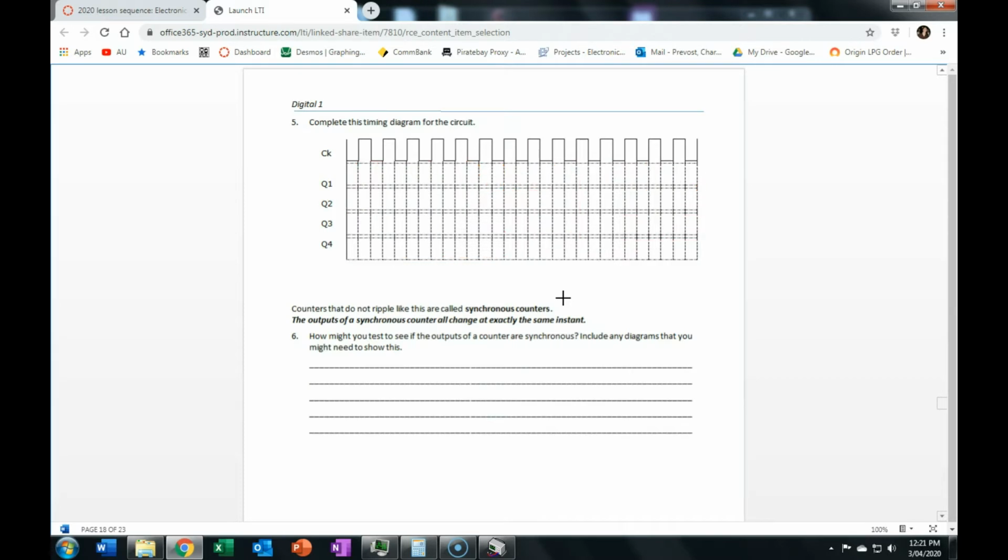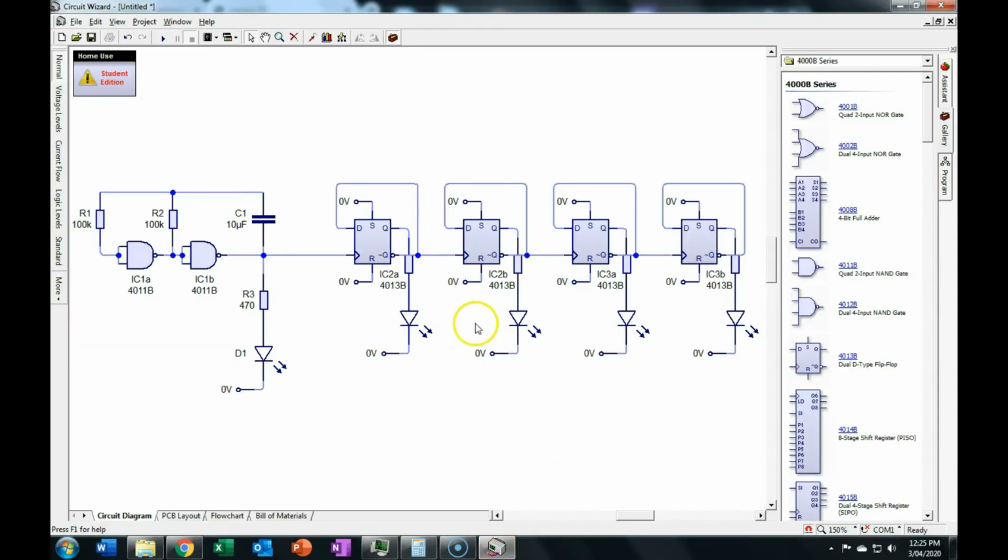So if we look at a diagram like this, you can see that the clock input of this one and this one aren't connected together. If they were all connected the same way, then they would change pretty much exactly at the same time.